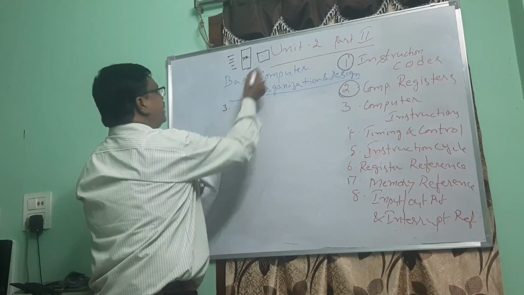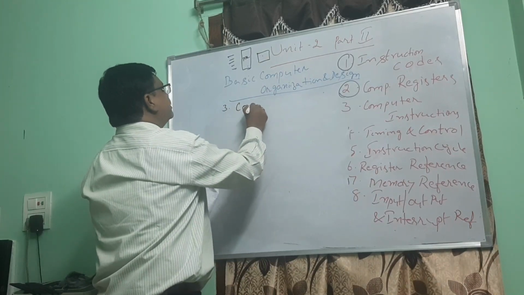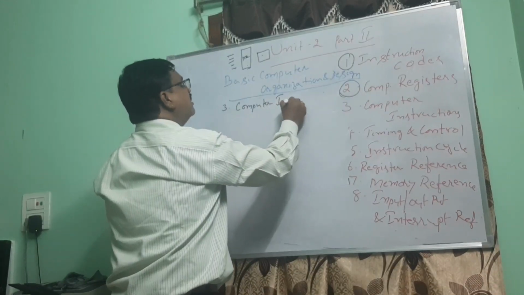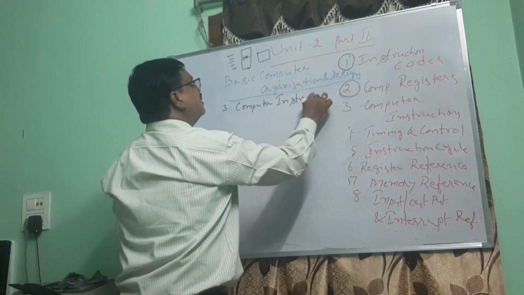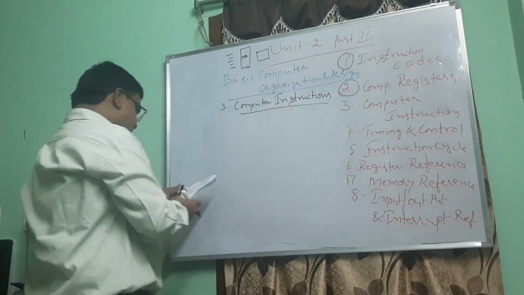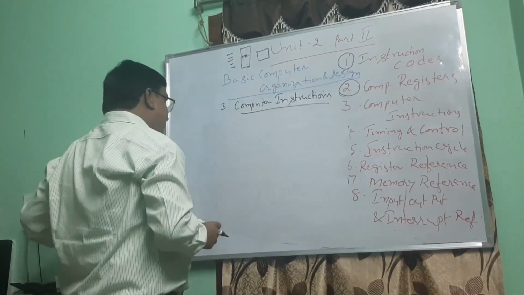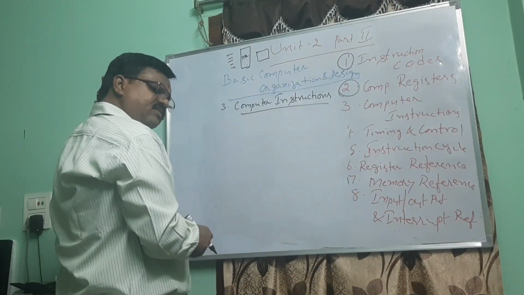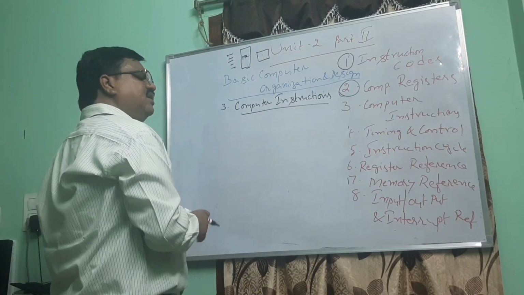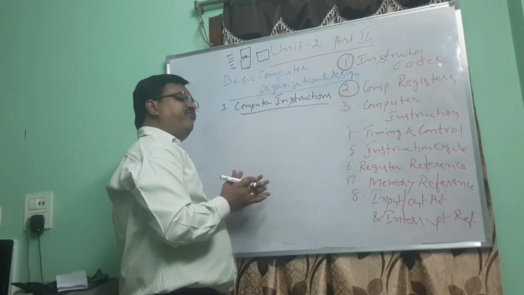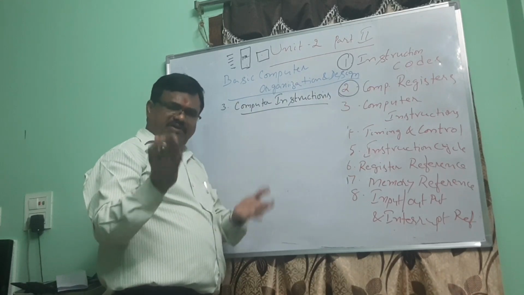The third subtopic that we are going to discuss is computer instructions. Under computer instructions, there are all the instructions that are being used by a computer to perform a certain task given by the user.